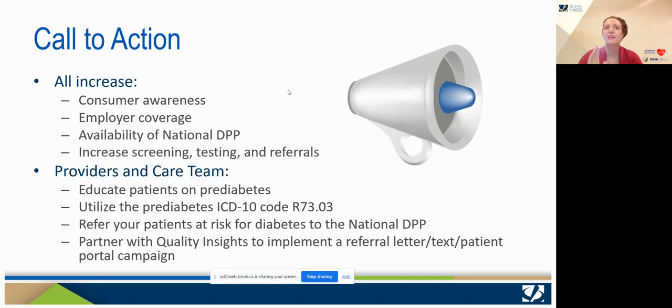Utilizing that ICD-10 code helps make it easier to search for your patients and figure out which of them have prediabetes. And again, please refer your patients to a National Diabetes Prevention Program. If anyone would like assistance with setting this up or greater discussions about workflow, Quality Insights would be happy to partner with you on this.